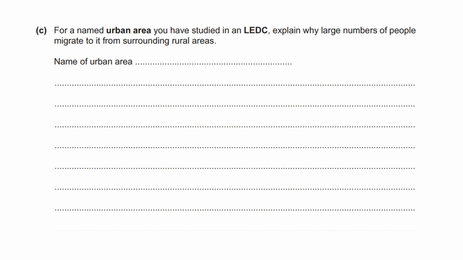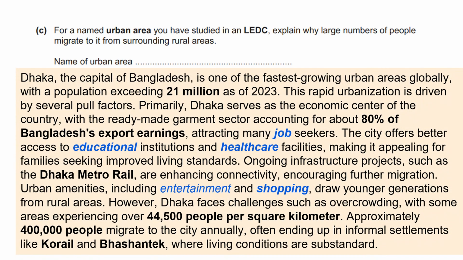Right now, they want us to explain why a large number of people migrate to it from surrounding rural areas. So what they are asking you here is pull factors. Why will people leave the rural villages or countryside and want to move to urban areas? So I have a sample here where I use Bangladesh and Dhaka, which is an urban area in Bangladesh. So you can pause the video and read it up now, but let me just highlight certain things.